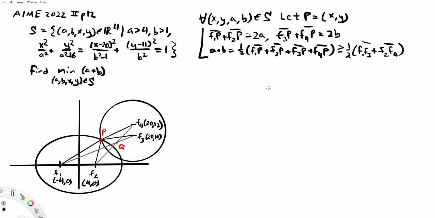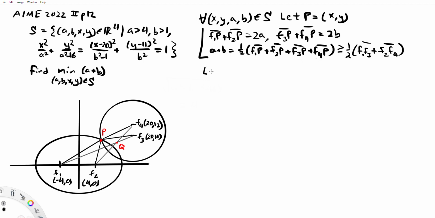But we just need to show that that value can be achieved. And we kind of have an idea that in order to achieve it, we want a solution whose X and Y values are at this point Q. So that means we're going to want the ellipses to intersect this point Q. And we can do that by just choosing an appropriate A and B, because if it's on this ellipse, for example, then this distance plus this distance has to be 2A, because that's the property of an ellipse.